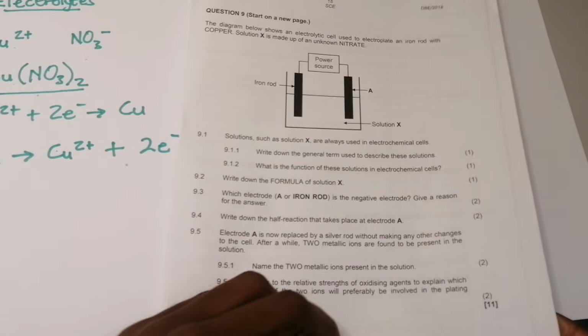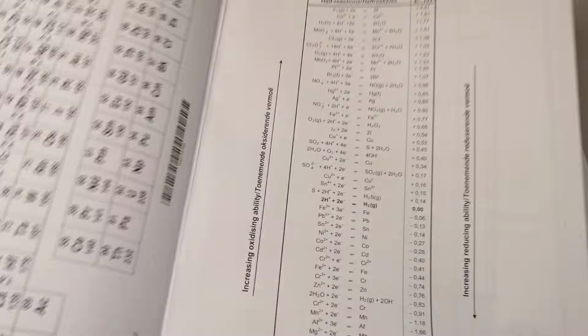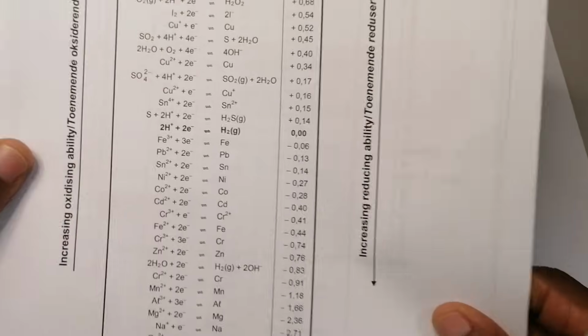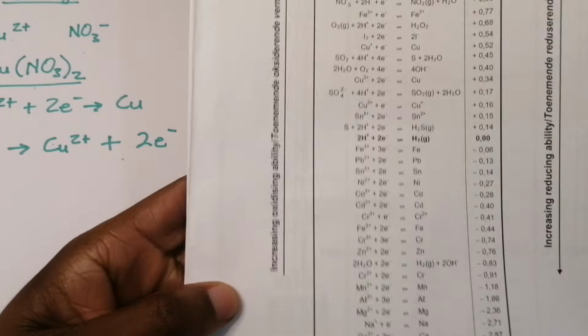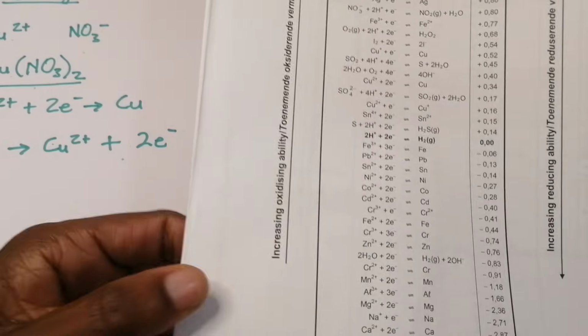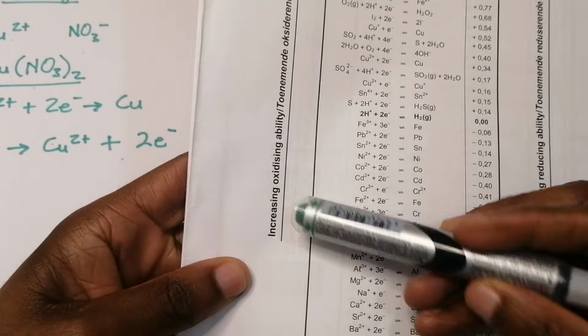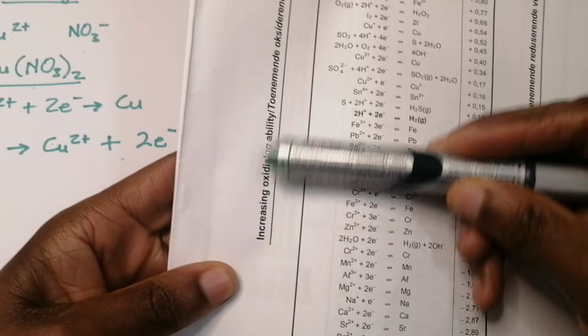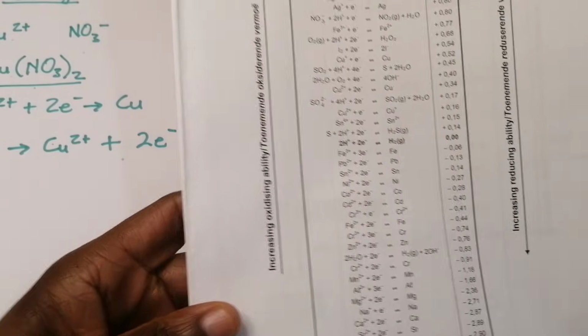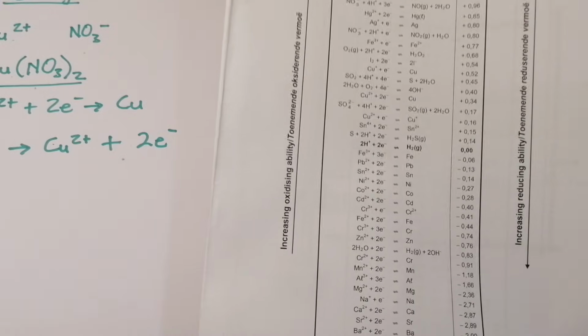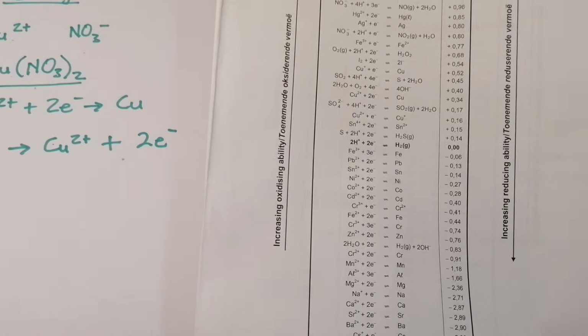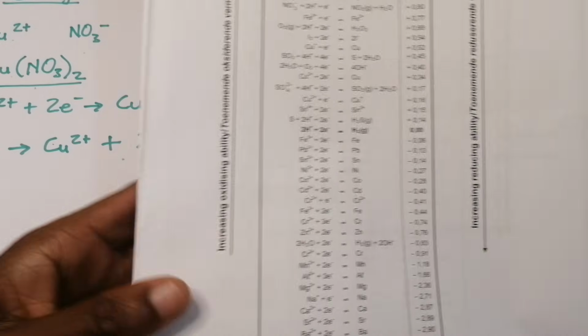All you simply do to look at the strength of oxidizing agent is go to your standard potential table and look at the side that says oxidizing ability. Now remember, which are the two that we have? We've got copper 2+, and also we've got silver.